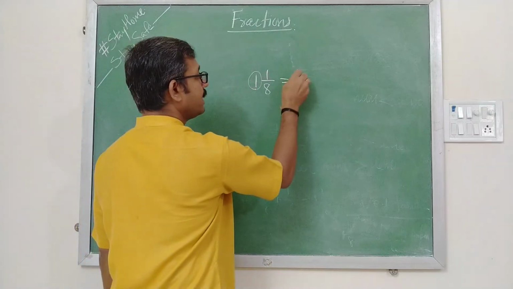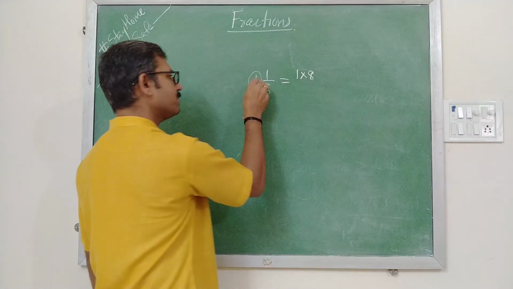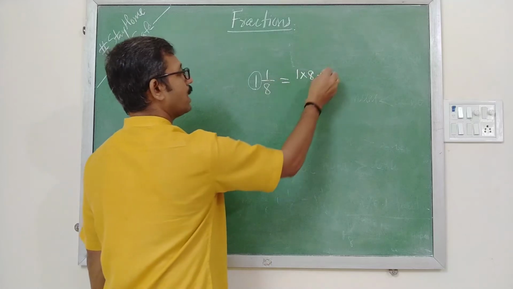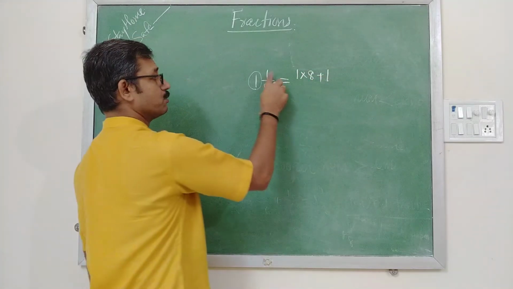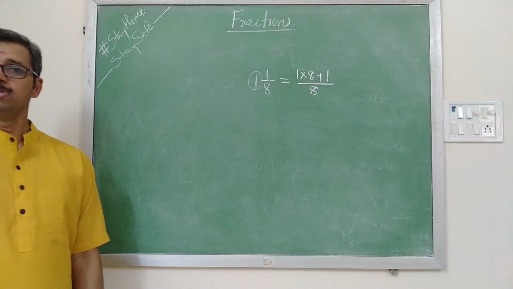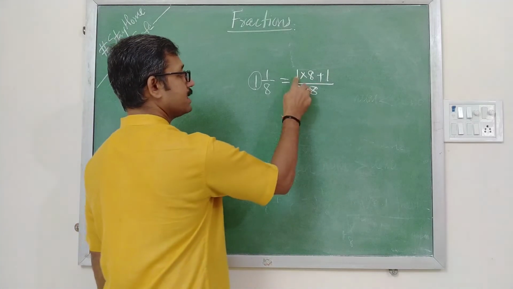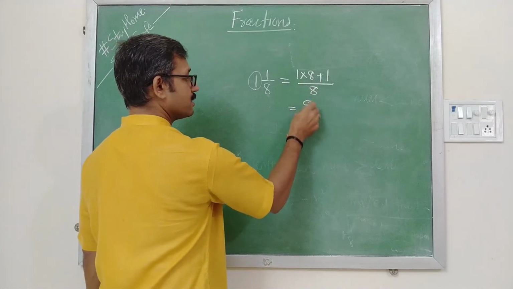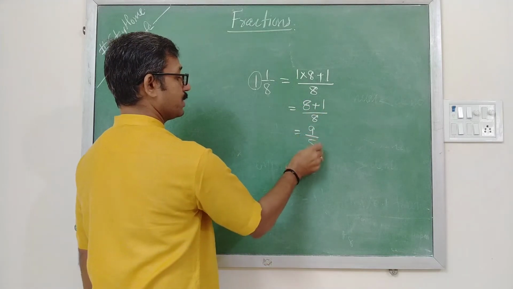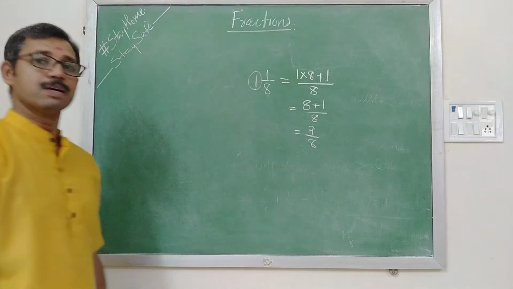That is 1 into 8. Whatever comes here, multiply with 8, then add the 1 to it. This numerator you put upon the denominator 8. So it is equal to 1 into 8 is 8, plus 1, upon 8. That is 9 upon 8. So you got an improper fraction.